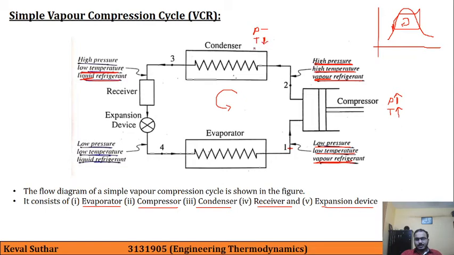That is, in the condenser we go from vapor to liquid. So at the exit of the condenser we have liquid refrigerant. Then we will discuss the receiver later on, and then we have the expansion device where expansion will happen.